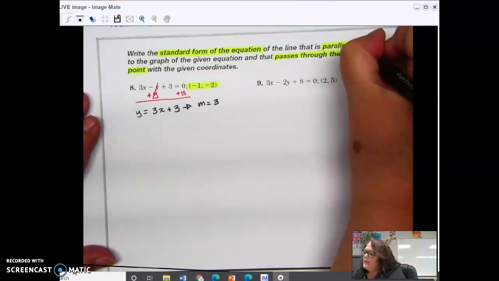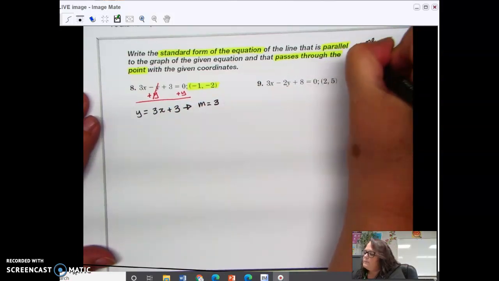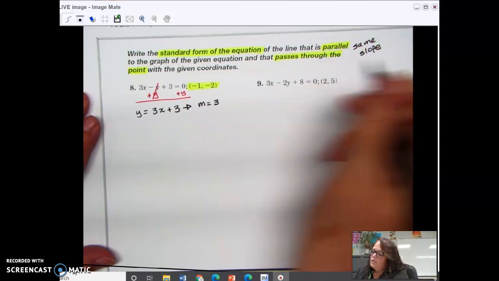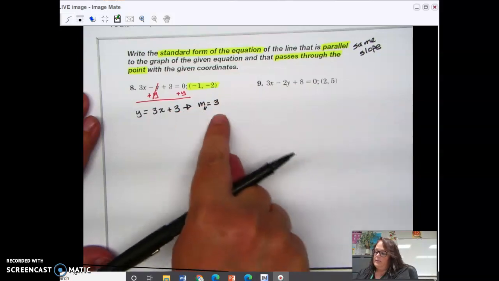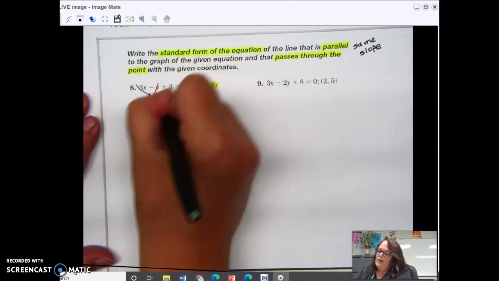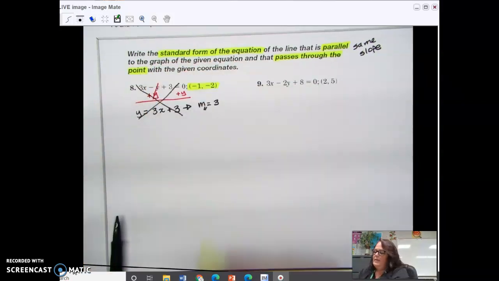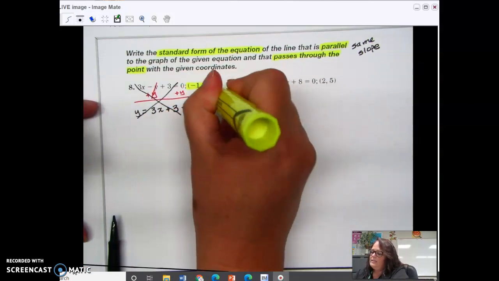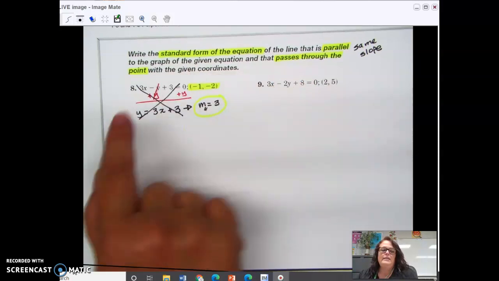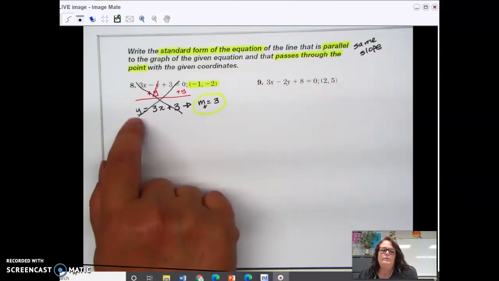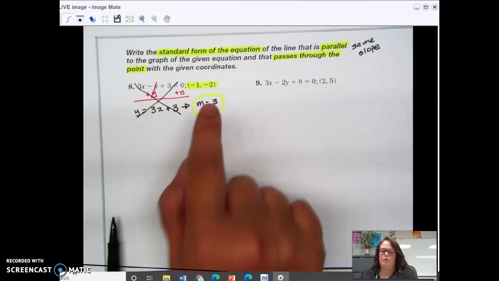And parallel lines have the same slope. So that means that the slope of the parallel line is also going to be 3. So now that I have that, I don't care about this anymore because these are the only two things that have to do with my new line. So it passes through this point, parallel to this line, so the parallel to this line gives me that slope.